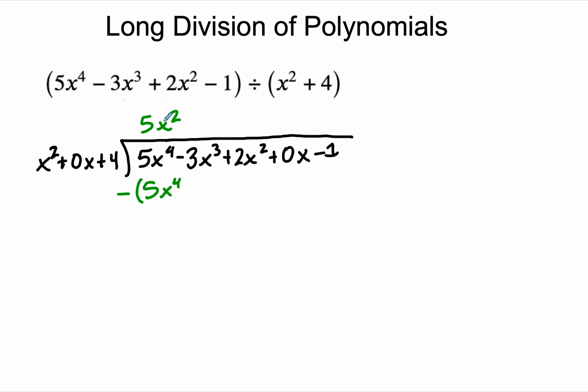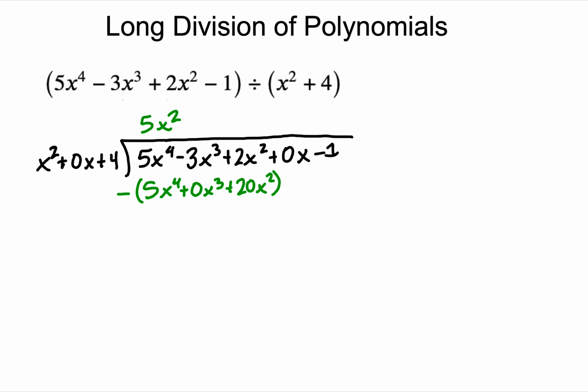So I'm going to write that here, and then I'm going to multiply everything here by 5x squared. I already did it with x squared. Now 0 times 5x squared is still going to be 0, so that's going to be 0x cubed, and that helps us keep our place. And then 5x squared times 4 is going to give me 20x squared.